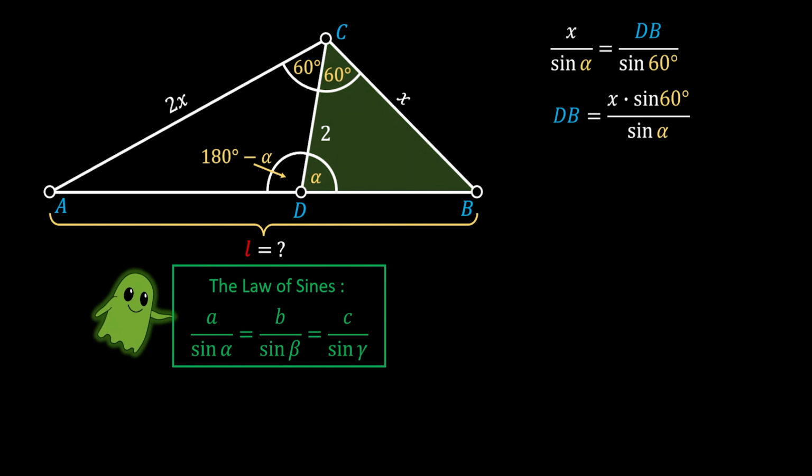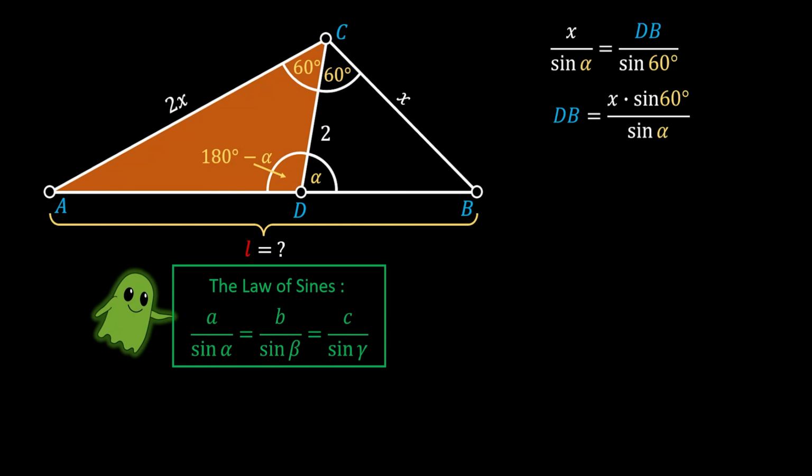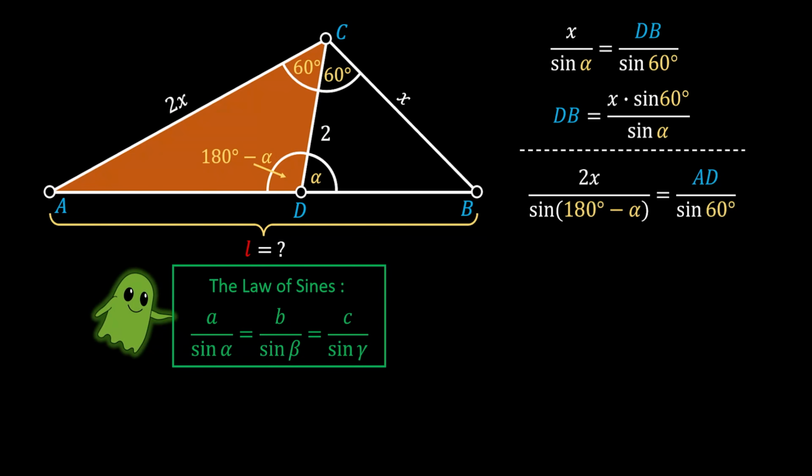Alright, so now let's take a look at the other triangle, ADC. And we're going to use the law of sines once again. This time for the line 2x, whose opposite angle will be 180 degrees minus alpha, and the side AD, whose opposite angle will be the 60-degree angle. But this time, before rearranging, we're going to take a look at the sine of 180 degrees minus alpha.